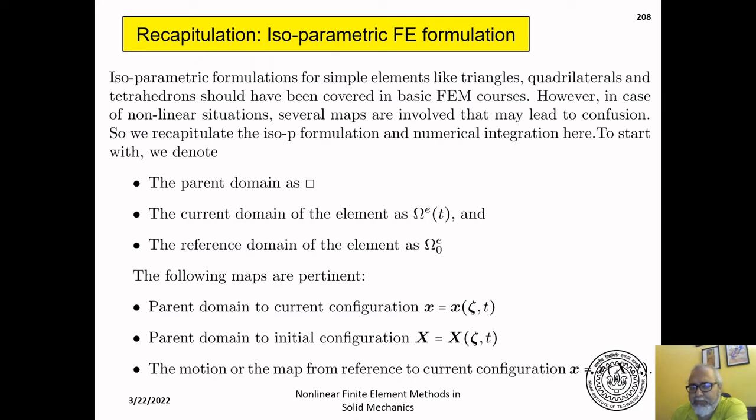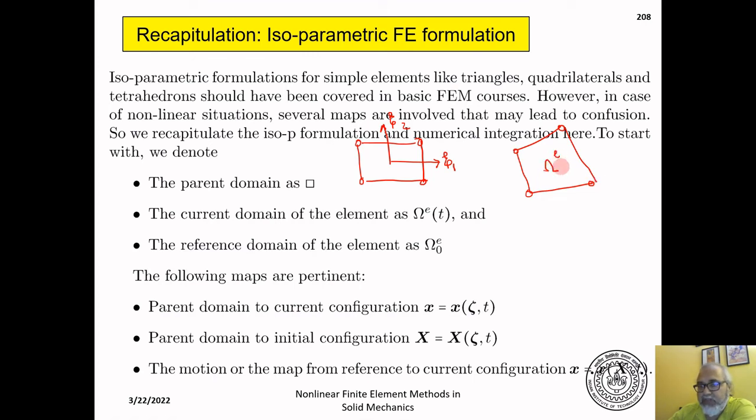There's a bit about the different maps involved that I wanted to talk about. So you have the parent element, which lives in a coordinate system which we have denoted by zeta, and then you have the physical element in the reference configuration, which we will denote by this, and then you have the physical element in the deformed configuration, which we denote by this.